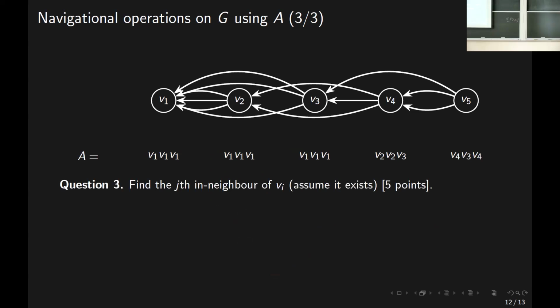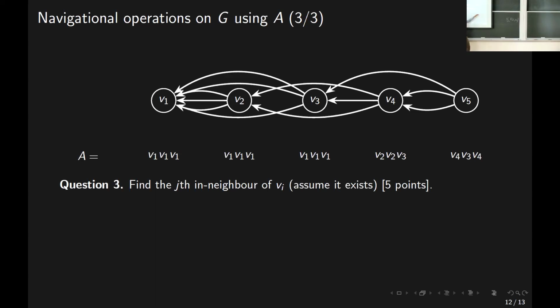And another one, find the jth in neighbor of vertex i, assuming that such a vertex exists. So one way to do this, for example, suppose that we want to find the second in neighbor of vertex 3, right? Suppose that the second one would be, well, the second one would be v5, for example. So we only have to look for the second occurrence of v3 in A, right?